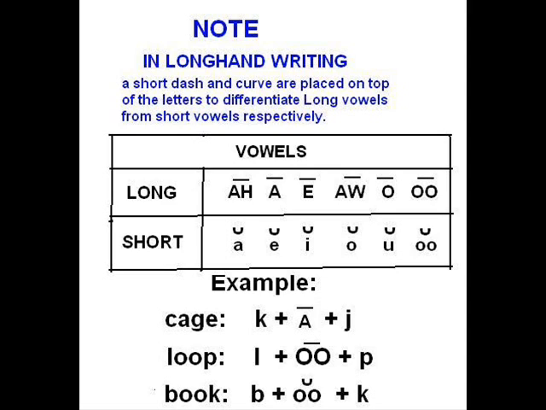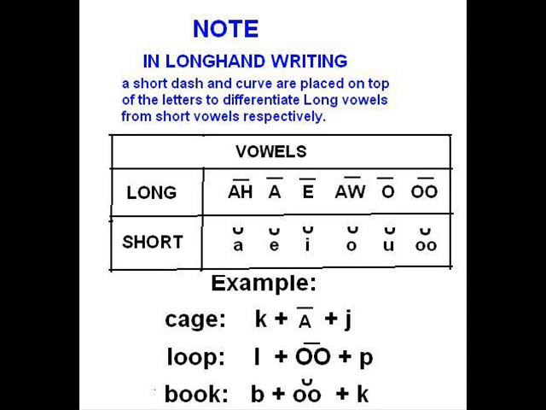Long vowel sounds, these are long vowel sounds. A. It is written in longhand, A-H, capital letters, isn't it? So on the top of this A-H, they write a small dash, just to indicate that it is a long vowel sound. It is only an indication to say that it is a long vowel sound.